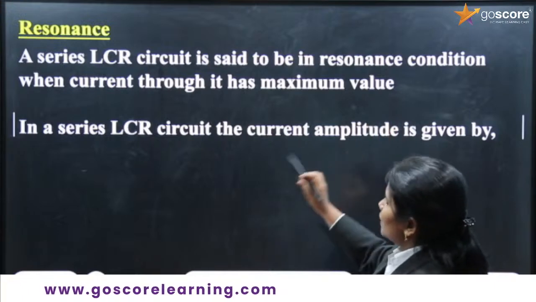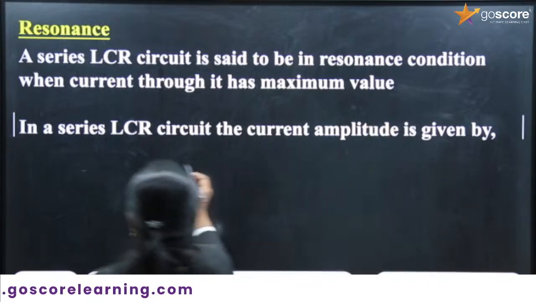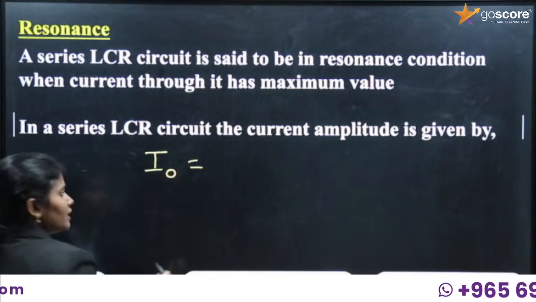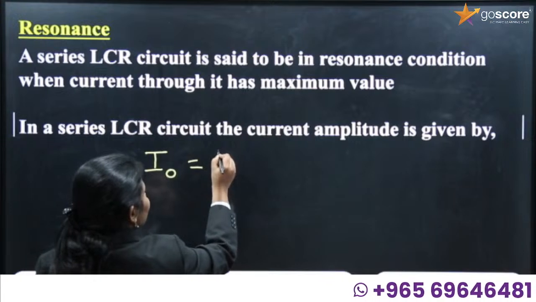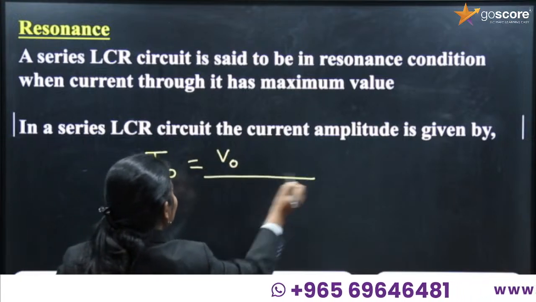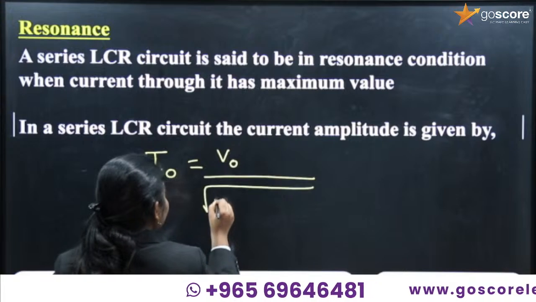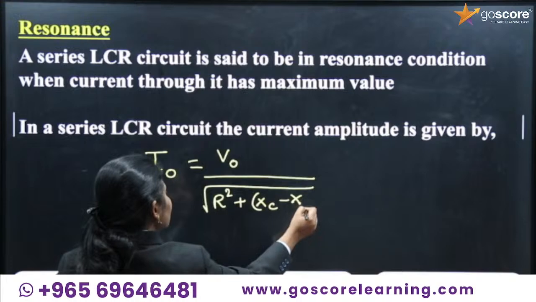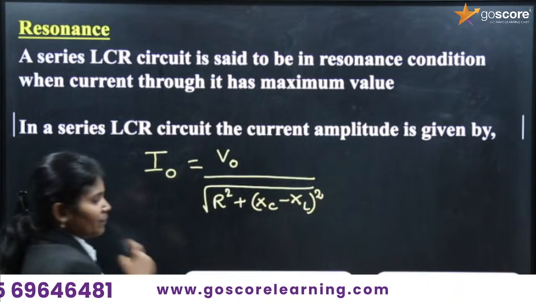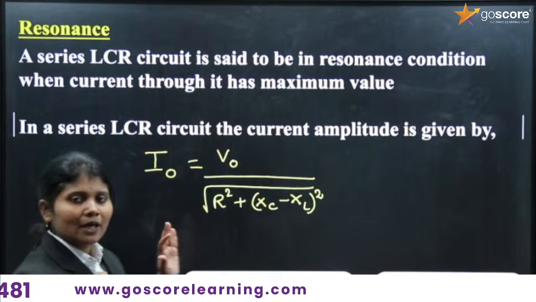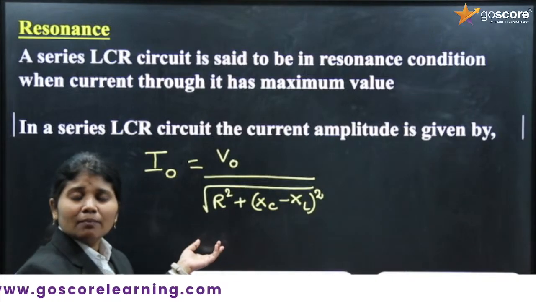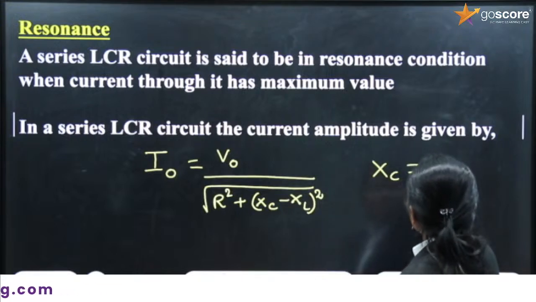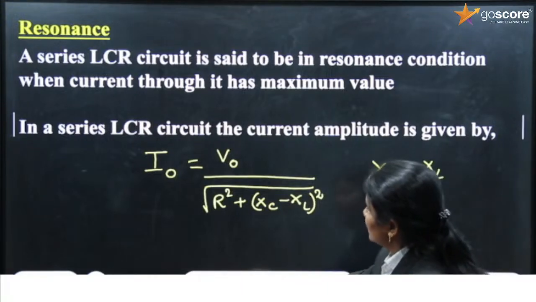So maximum value. We know the current equation: I naught is equal to V naught by root of R square plus Xc minus XL whole square. At resonance condition, we are getting the maximum current. When will it be maximum? Xc is equal to XL.